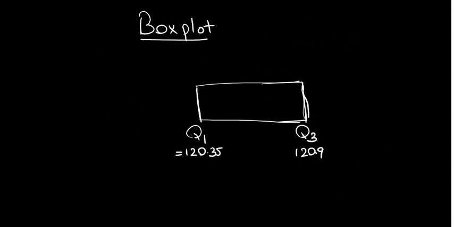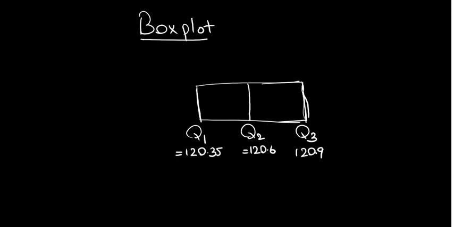The Q2 is not exactly at the middle, it is slightly tilted towards the first quartile, since it is closer to 120.35 than 120.9. That is one observation we can make. From this you can also calculate the interquartile range and so on.